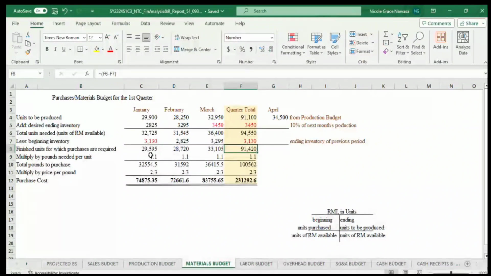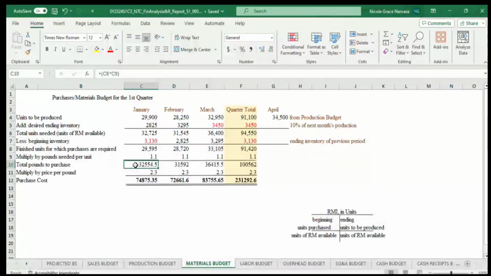So we still need to get the total pounds to purchase of the raw material. So we need to multiply the finished units by the pounds needed per unit, and this is the one that is in the notes earlier. So it's 1.1, multiplied by 29,595, that will be 32,554.50 for the month of January.